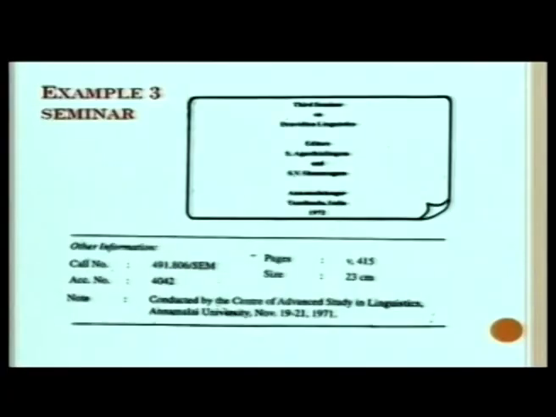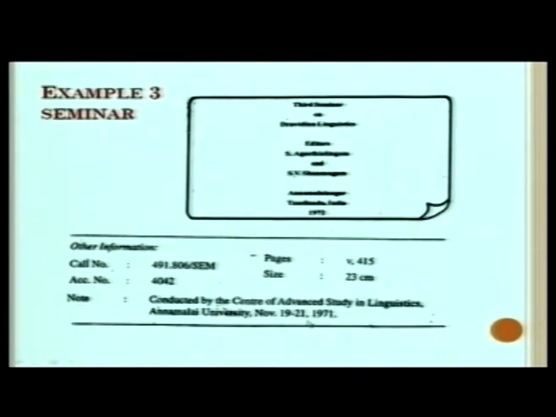So, example 3 on seminar volume, how it has to be done. This is the third seminar on a particular subject, and editors are 2, and where it is held, then publisher details, year of publication, and other information, call number, access number, pages, size, and one small thing is that a note has been given.